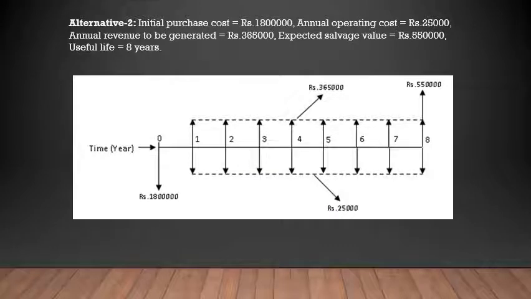Initial cost of 18 lakh, operating costs of 25,000, negative for 8 years. There is no ambiguity. Starts from first year, goes up to 8 years. Revenue also starts from first year, goes up to 8th year, and the salvage value 5,50,000. So it's very simple.